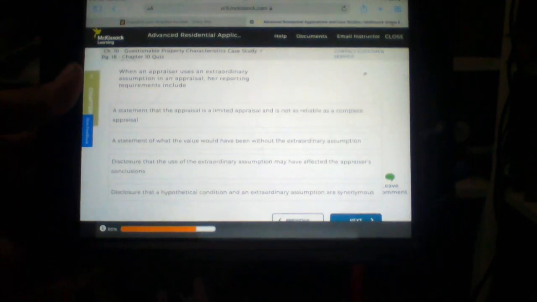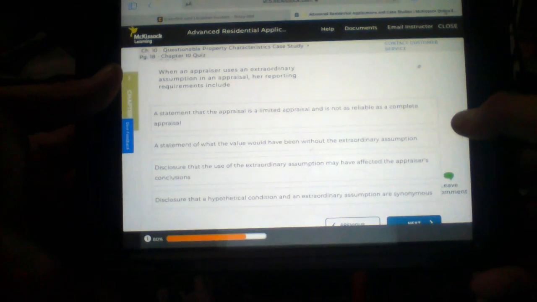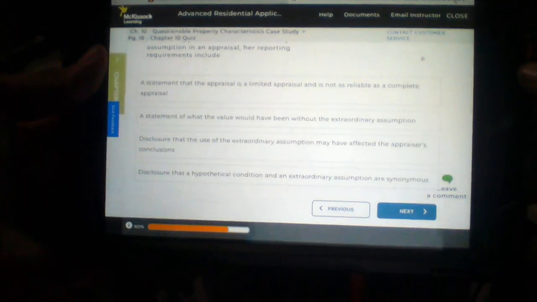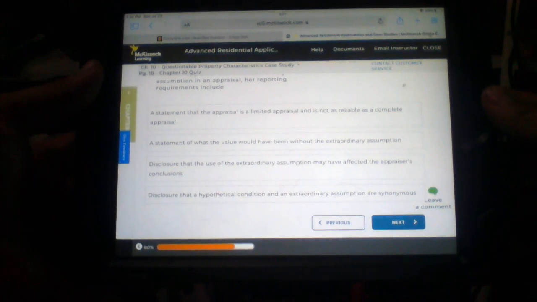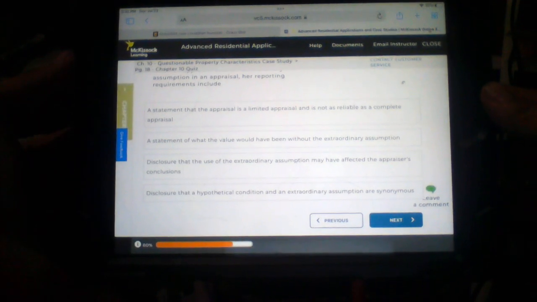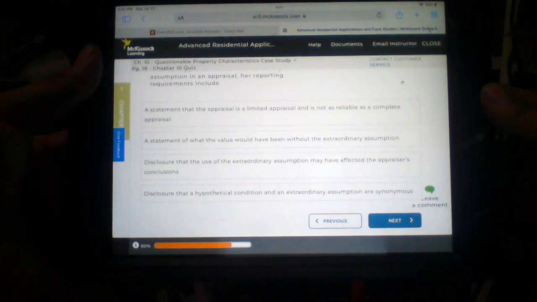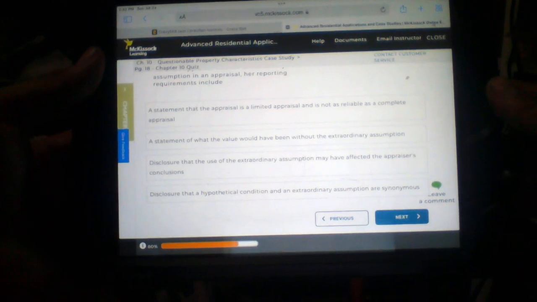Number 2, when an appraiser uses an extraordinary assumption in an appraisal, her reporting requirements include: A, statement that the appraisal is a limited appraisal and is not as reliable as a complete appraisal. B, a statement of what the value would have been without the extraordinary assumption.